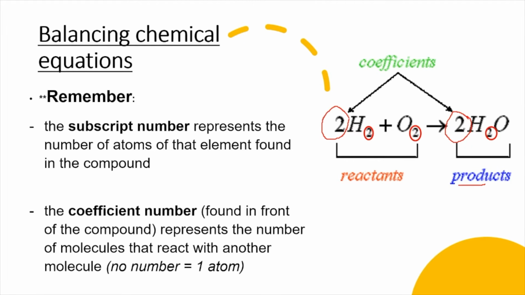So this example here of 2H2 means that there are two hydrogen molecules present and each molecule contains two atoms. In this example, with regards to water, there are 2 water molecules present, or 2 water compounds present, each containing 2 hydrogens and 1 oxygen.